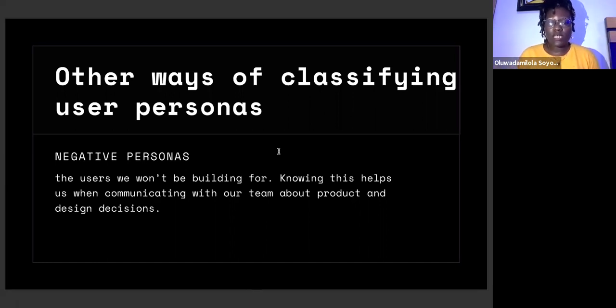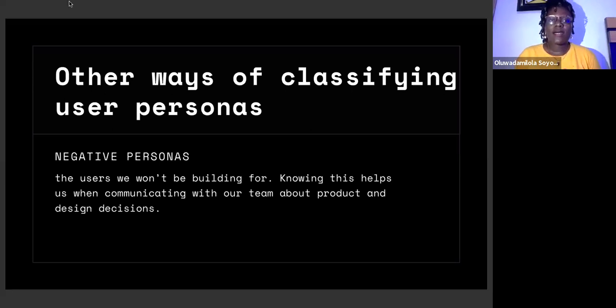For instance, a period tracking app, right? What would be an example of a negative persona? A negative persona for a period tracking app would be guys, or the male gender, because you know they would not be using that, right? So that's an example of a negative persona.